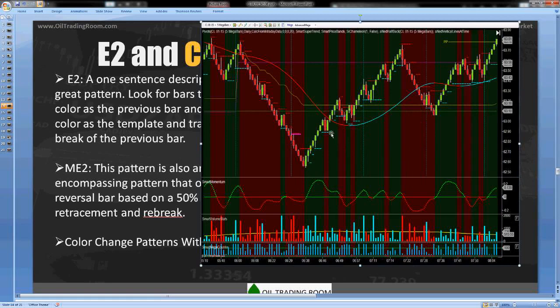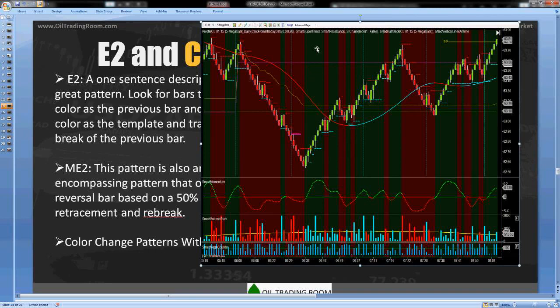It's cycling up, and you get a change. In particular, the market cycles down, you get a Me2 pattern off of the reversal bar on a green background, and trend continuation.